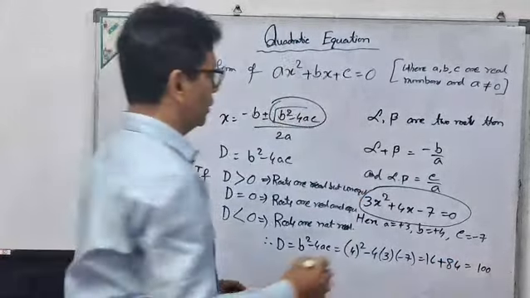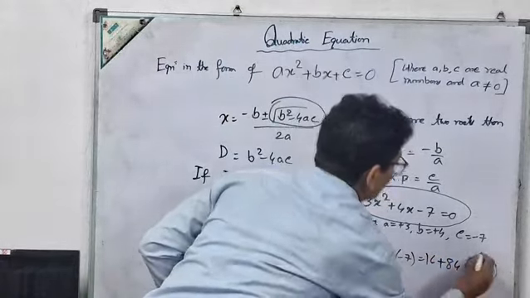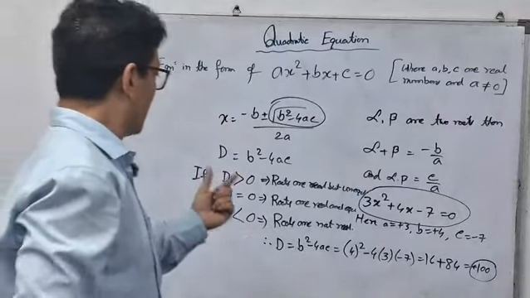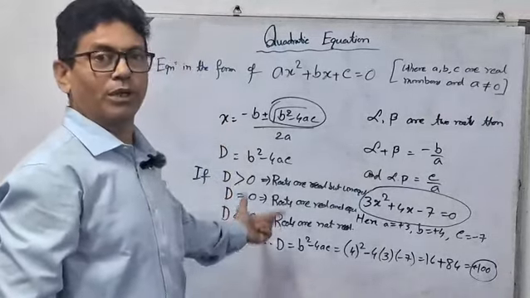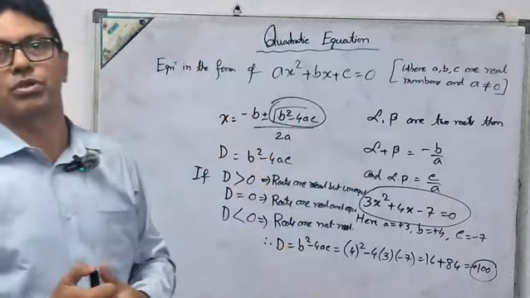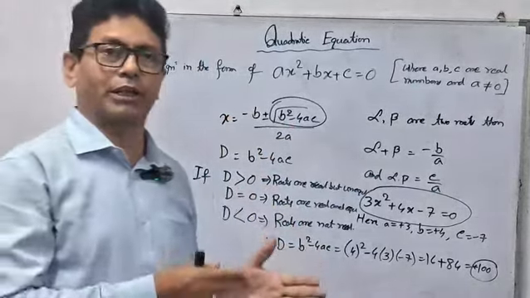So here we get a positive value, which means the roots are real but not equal. By using that formula, we can easily find the nature of the roots of that quadratic equation.